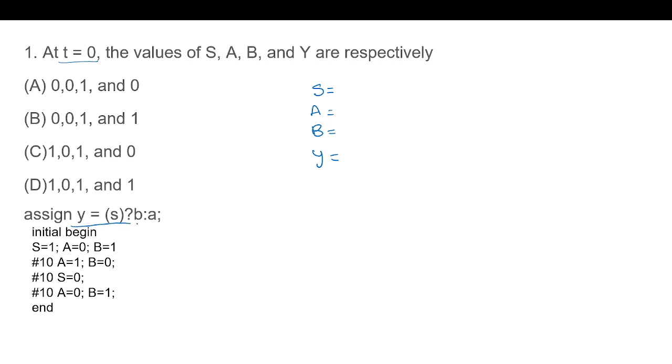So we know Y is S, B is to A and this is the initialization input. So at t equal to 0, these are the values. S is 1, A is 0, B is 1. When S is 1, it should select input B. B is 1. So the output is 1, 0, 1, 1, which is option D.